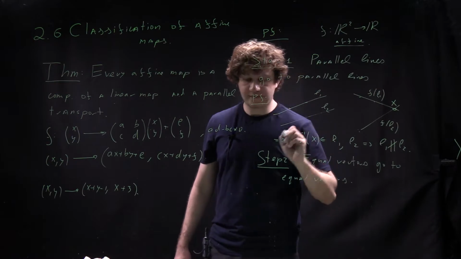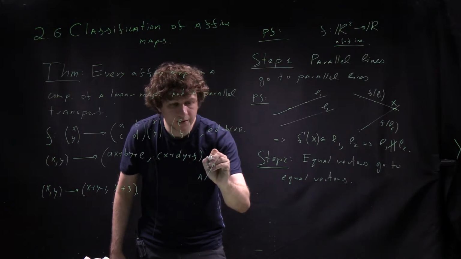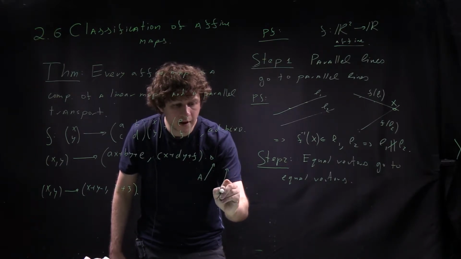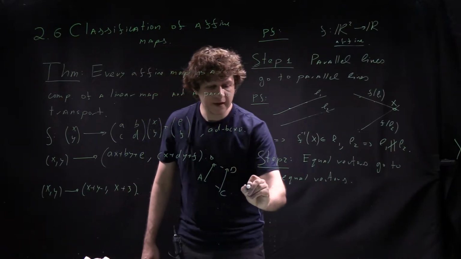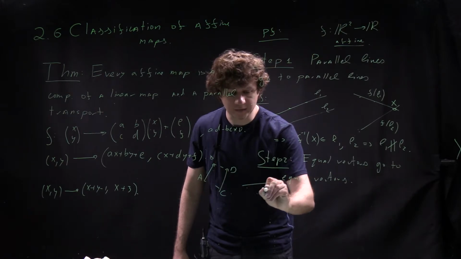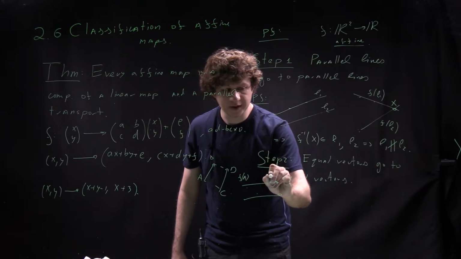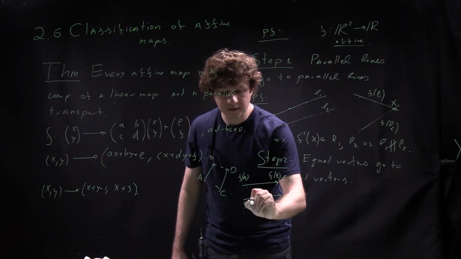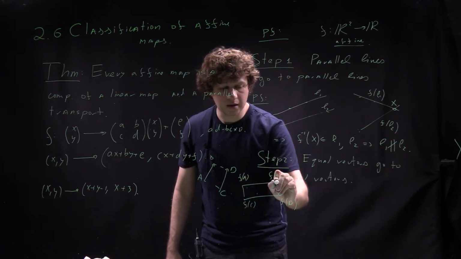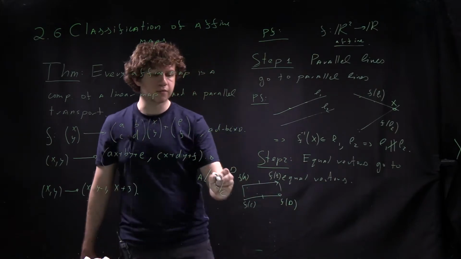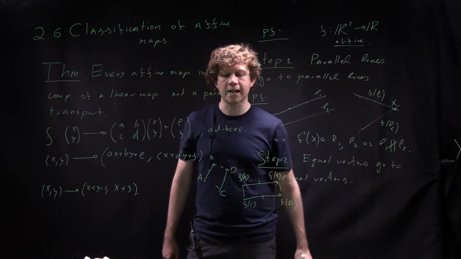So if you have, let me draw it, a pair of vectors AB, CD, and you know that they are equal, so parallel, equal in length, and go in the same direction, then the statement is that they will go to certain vectors f of A, f of B, f of C, f of D, and the corresponding vectors will be also parallel, equal in length. So these were parallel and equal in length, and so these guys will be also parallel and equal in length.